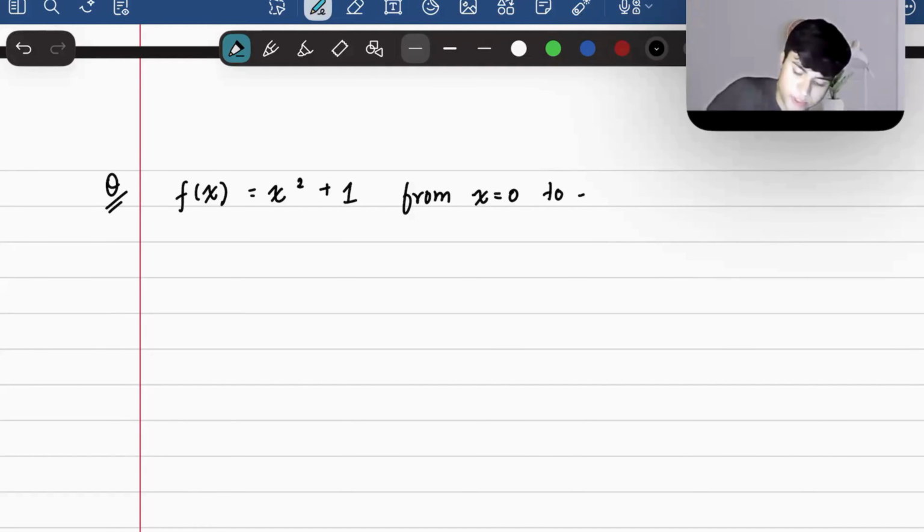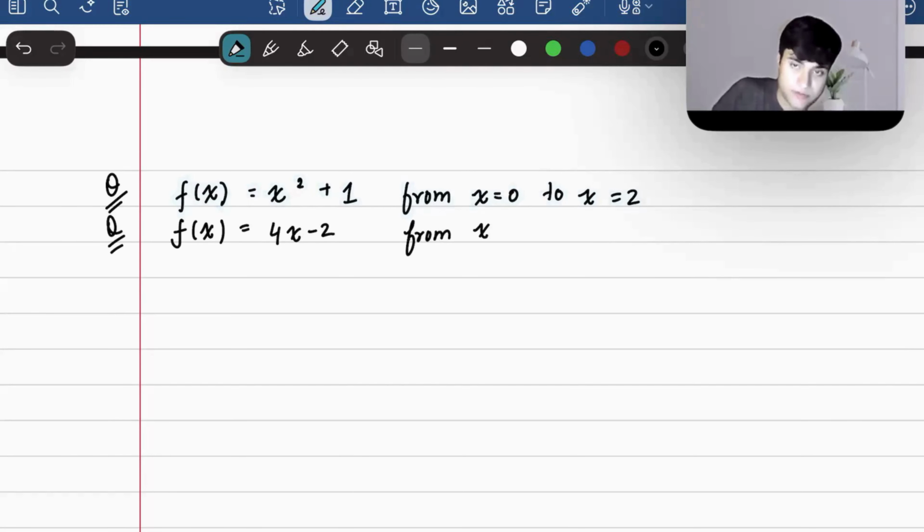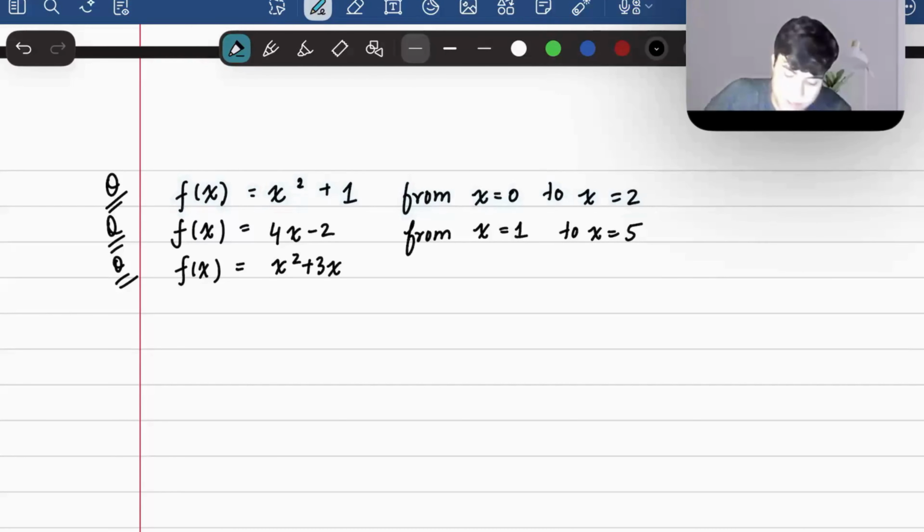From x equals 0 to x equals 2, f of x equals 4x minus 2. From the values of x equals 1 to x equals 5, and f of x equals x squared plus 3x, from x equals 1 to x equals 3.